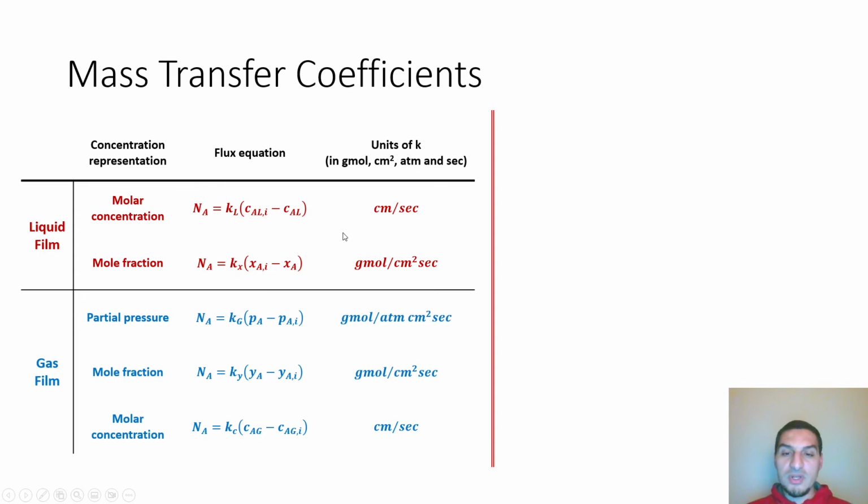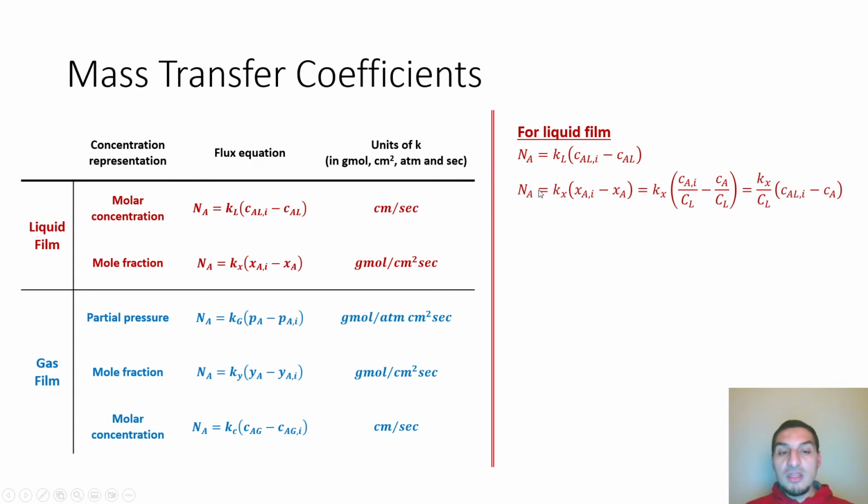So for the liquid film, this is the flux using the concentration driving force. And if you represent the flux using the mole fractions, we know that mole fraction is the concentration divided by the total molar liquid concentration, which is the total number of moles per unit volume. So I can represent x interface and xA as CA interface over CL minus CA over CL.